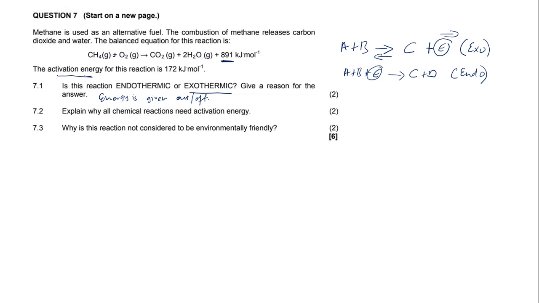So for this combustion reaction to take place, we need something that will activate these molecules to interact with one another. Methane, in order for it to interact with oxygen gas, needs an activation. That activation is called an activation energy. This activation energy will cause methane gas and oxygen gas to interact with one another.